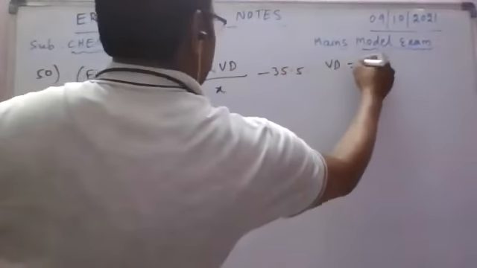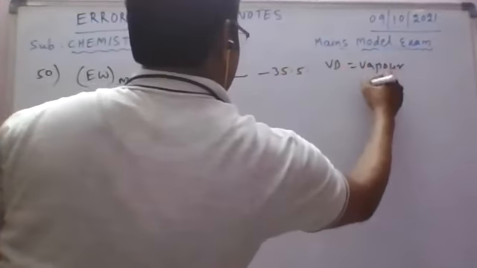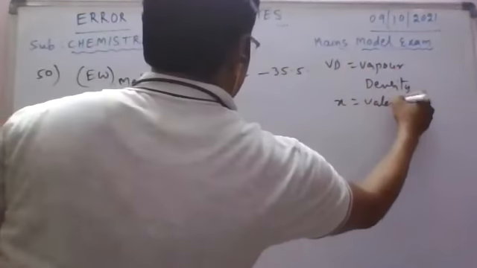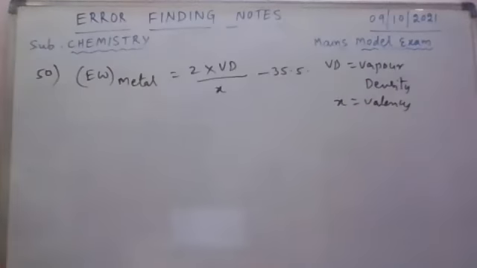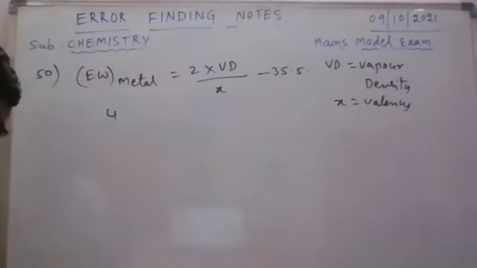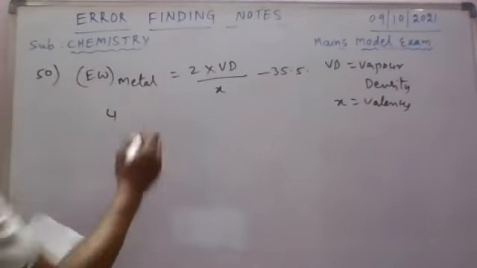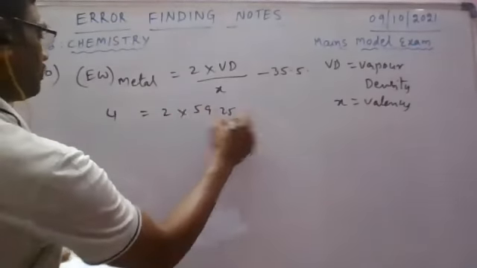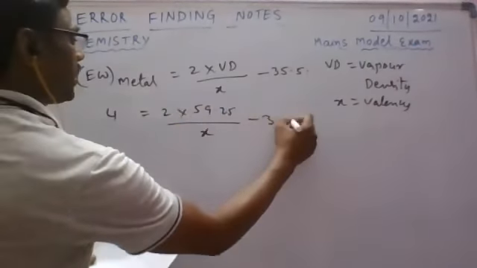Here VD is vapor density. X is equal to the valency of the metal. Here, substitute the data. Equivalent weight is given as 4, and 2 into vapor density value given as 59.25 divided by X minus 35.5.